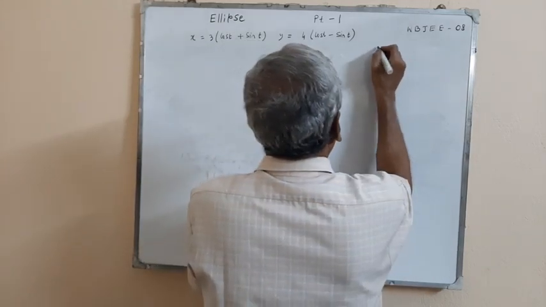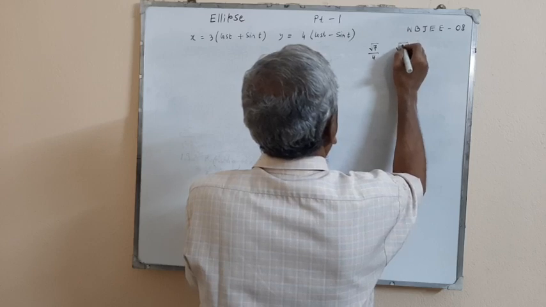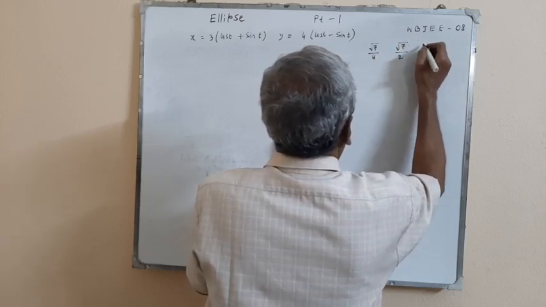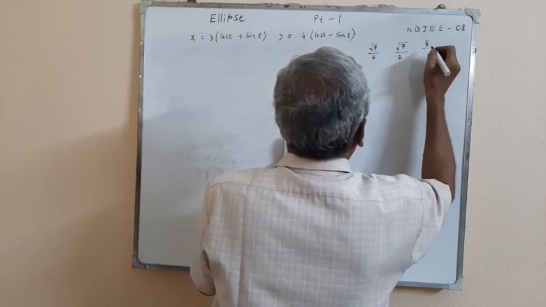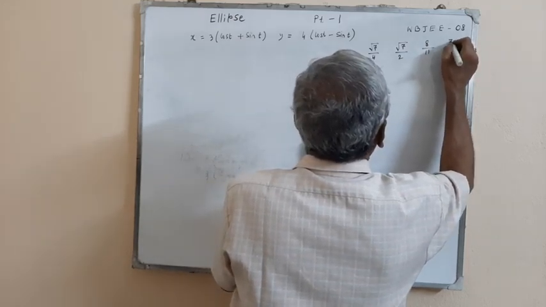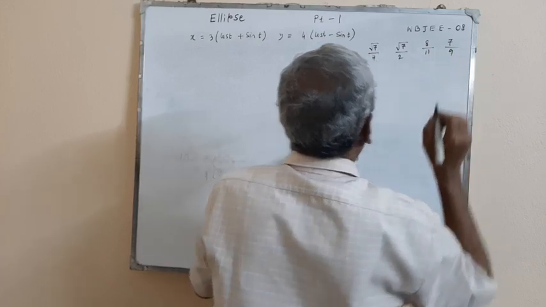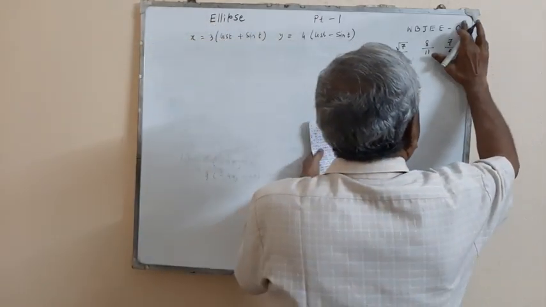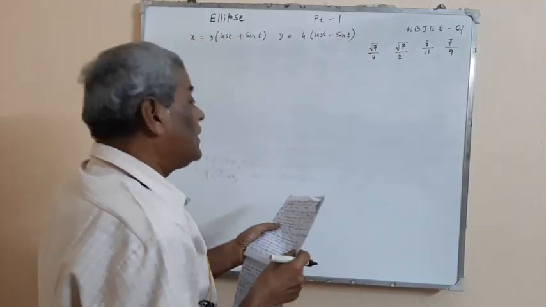Options: root 7 by 4, root 7 by 2, 8 by 11 and 7 by 9. These are the options. And that problem was given in the West Bengal Joint Entrance, 2007.